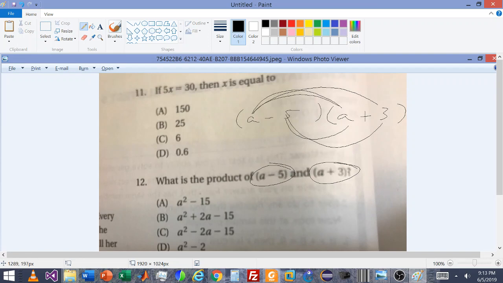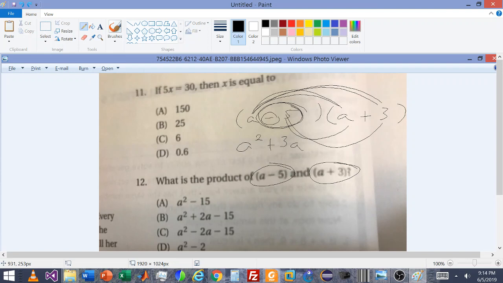So here we go again. We've got a times a, so as we just demonstrated, that's going to be a squared. And then we have a times 3, which becomes, again, we write the constant in front, 3a. Now notice this term here is one whole term. The negative goes with this term, so be careful. Here there's an invisible positive sign. We just get lazy and don't write the positive sign.